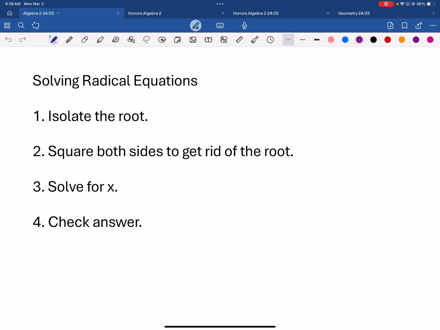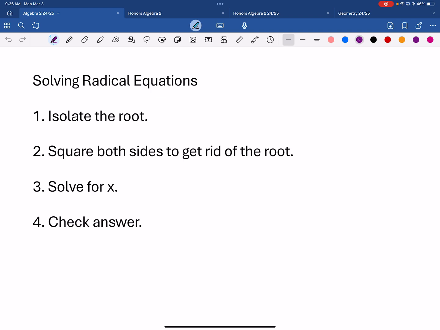But to keep it simple, you need to square both sides to get rid of that root. When you square a root, they cancel each other out, leaving you just what's underneath the radical. Then you square the other side and get 175 or whatever. But you square both sides.